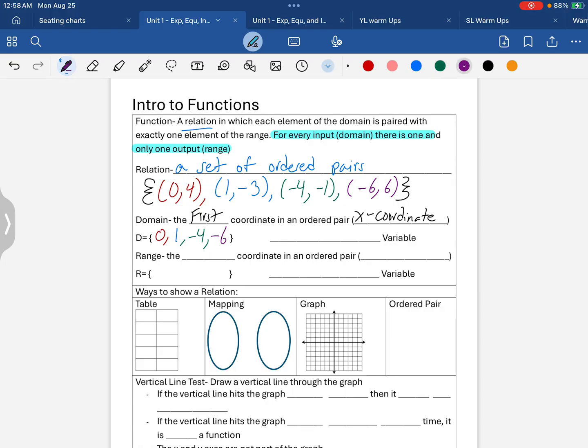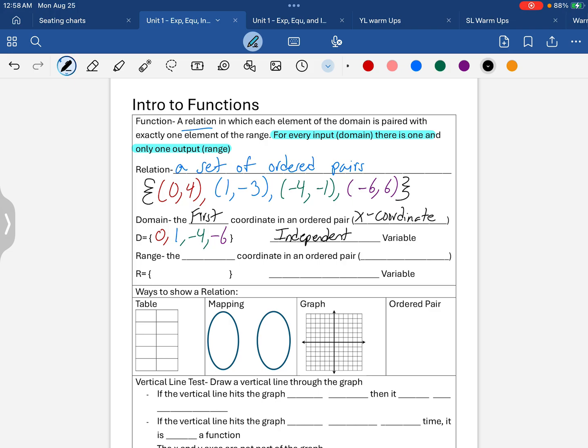Those are all the first numbers in each set of ordered pairs, so inside each set of parentheses. And your domain is also the independent variable. That's the variable we can change. That's the variable we pick.